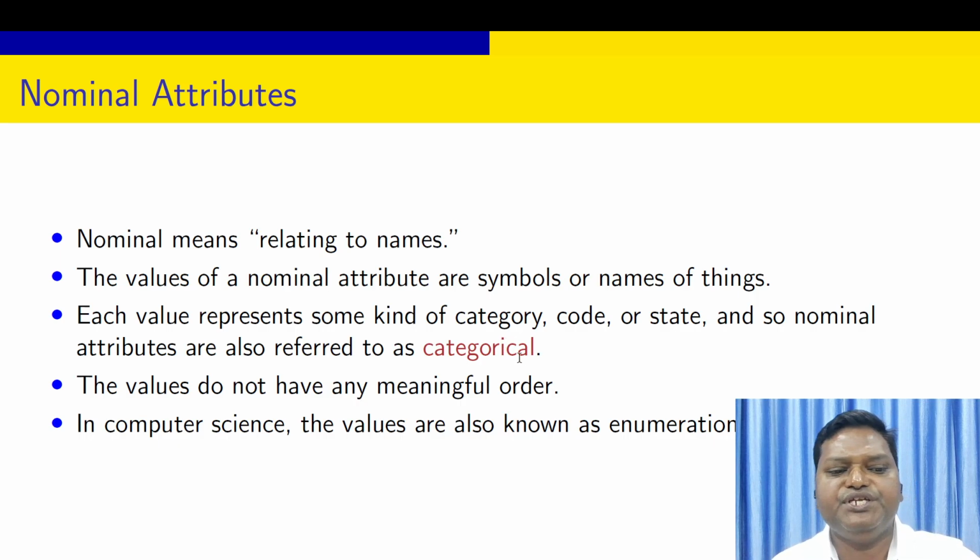They may not have any meaningful order. For example, I cannot say that red is more valuable than green or green is more valuable than blue. They are all distinct categories. We also call them enumerations.